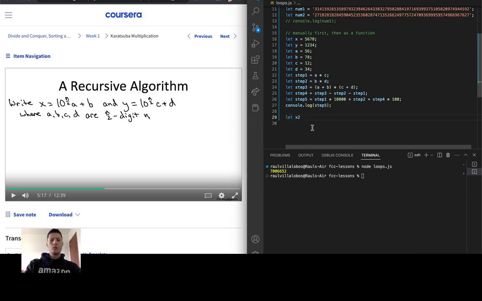What does that do? x2 equals 10, what's the number? X equals A plus B, where A and B are n divided by 2 digit numbers.